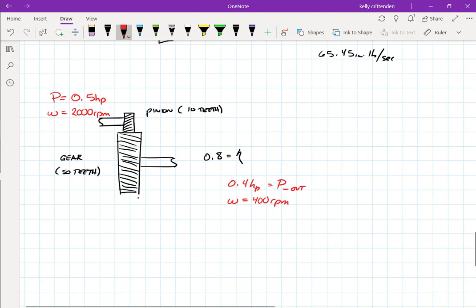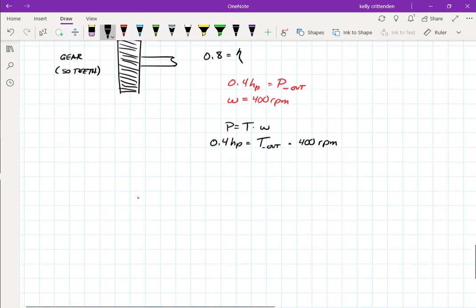What's going to change on my power loss is the torque. So if I calculate the torque over here, power equals torque times omega. I have 0.4 horsepower equals the output torque times the 400 revolutions per minute.